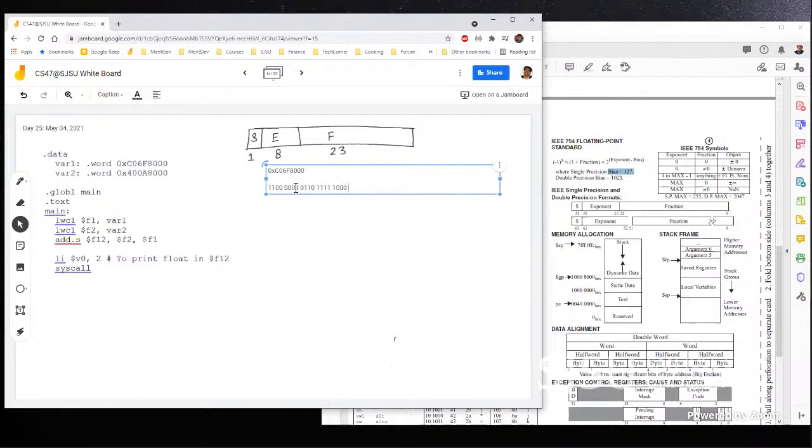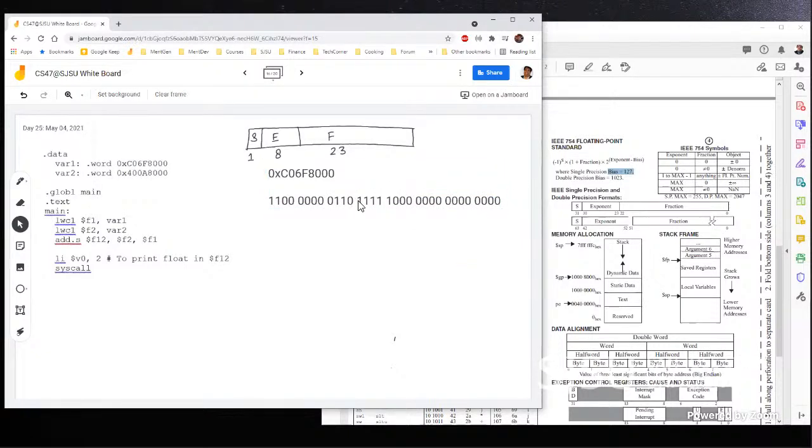Then we have four zeros, and more zeros after that. So we have 4, 8, 12, 16, 20, 24, 28, 32 bits.